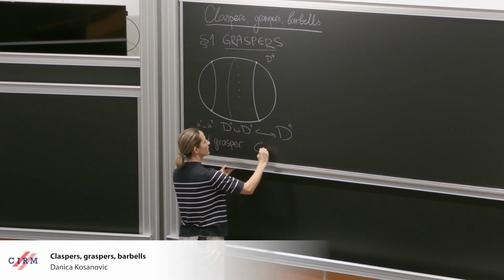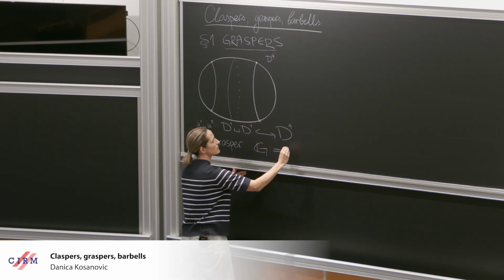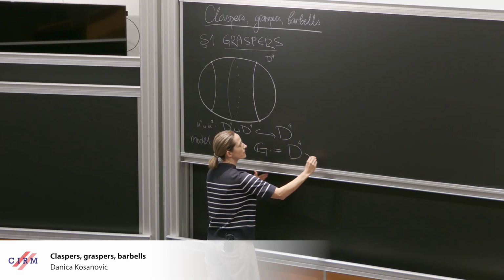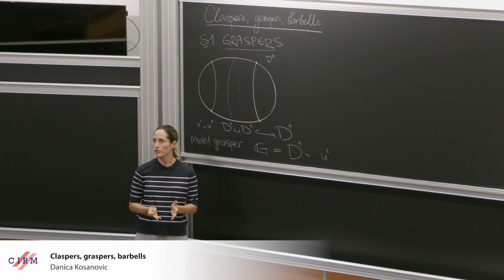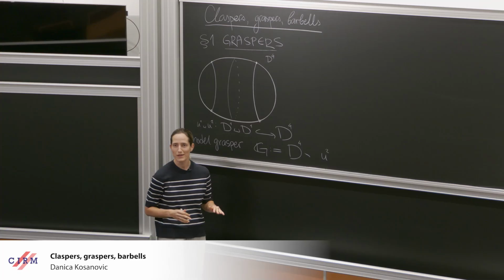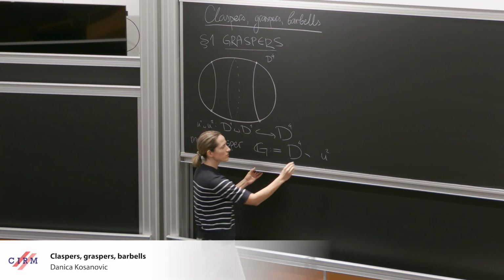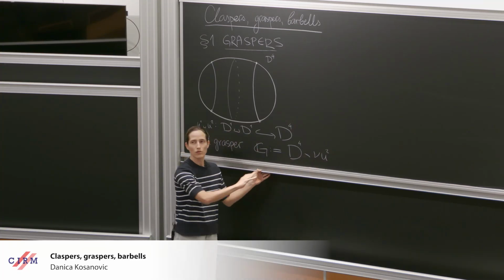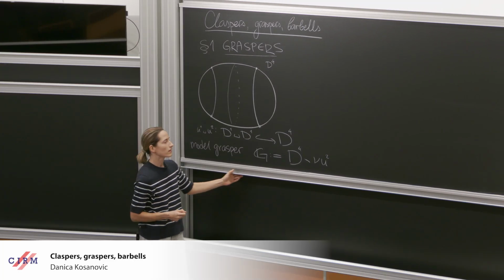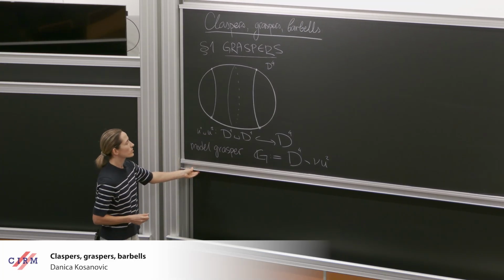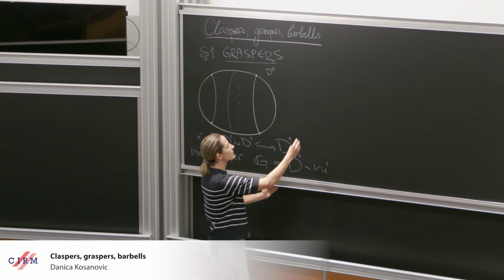So I'll just define G as D4 minus, say, U2. But actually, I want to take out a tubular neighborhood of it. And I don't want to worry about these tubular neighborhoods and framings and stuff. So I'll just write this, which will always mean some tubular neighborhood, which is trivial.